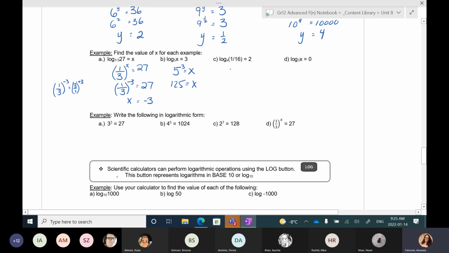So this one in exponential format is x to the 2. This argument becomes the answer on the other side. Okay. So x squared is equal to 1 over 16. So if I'm trying to get x by itself, I got to square root both sides.